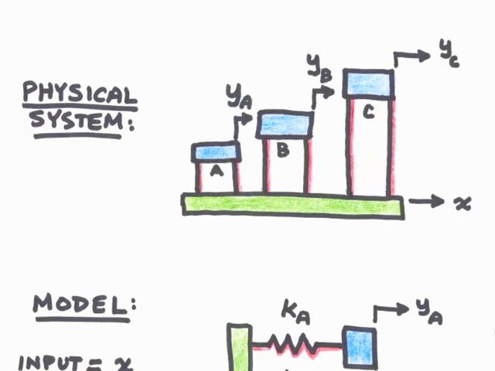They're all excited by the base vibration, which we'll label X. The three masses for A, B, and C are identical. We'll label the motion of the masses YA, YB, and YC. And so we're interested in the frequency response of the system with input X and with output YA, or the system with input X and output YB, or the system with input X and output YC.